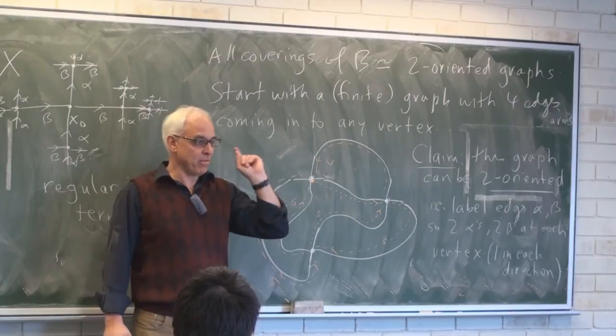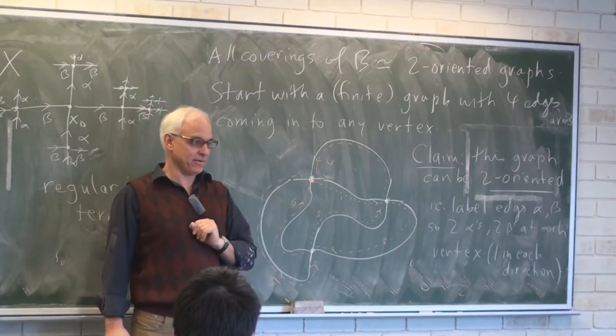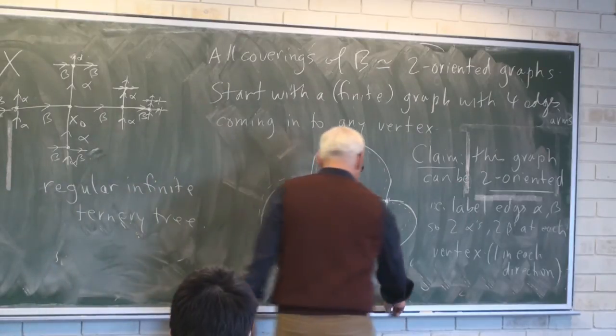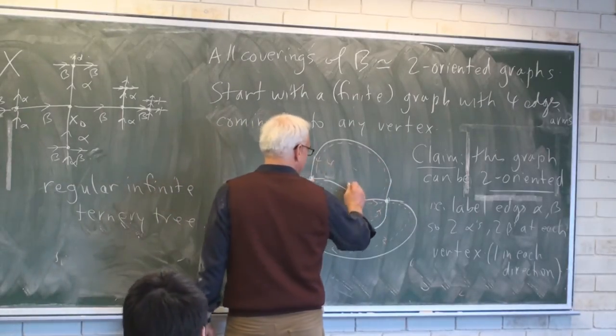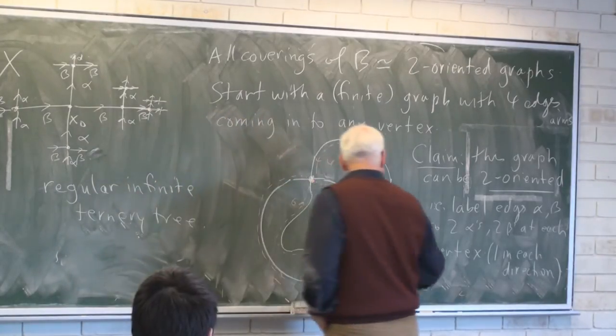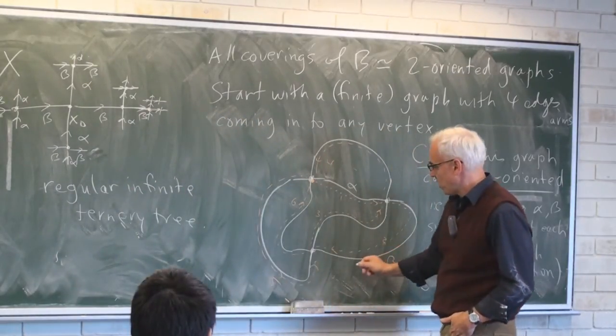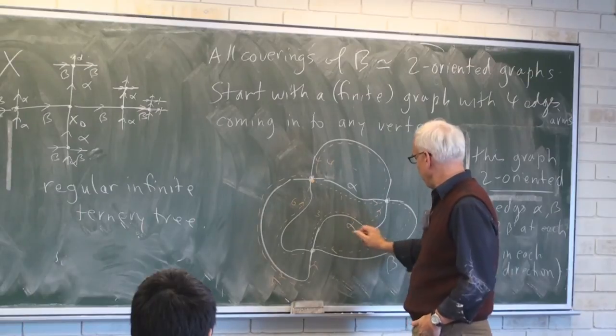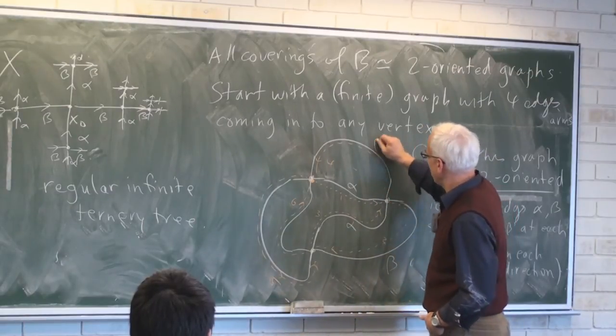That means we can label the edges alternately alpha and beta. All right, let's do that. The first one was alpha, and we won't give it a direction yet. The first one is alpha, then the second one is beta. The third one is an alpha. The fourth one is a beta.